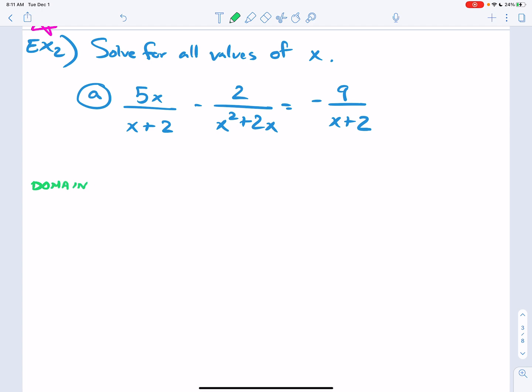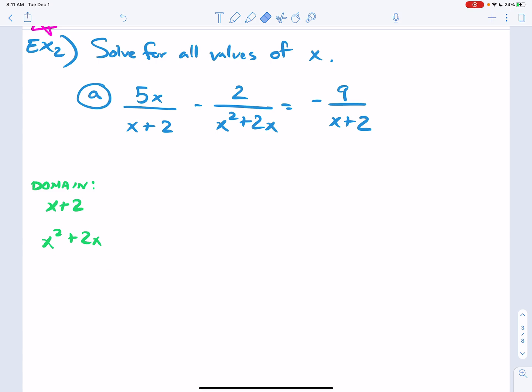Okay? So here's the thing. We have 3 denominators. We have an x plus 2, we have an x squared plus 2x, and we have an x plus 2 again. Now, if it repeats itself, we really don't need it, right? So I'm going to get rid of it.